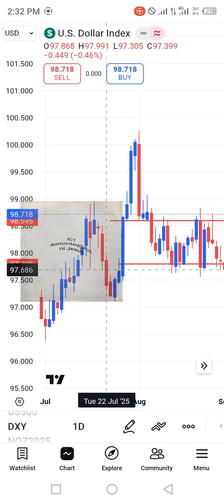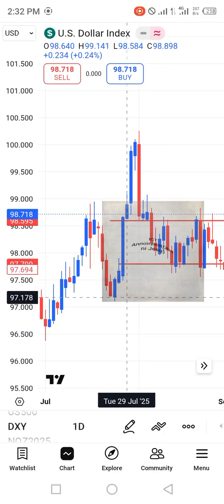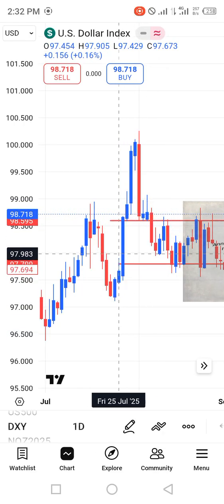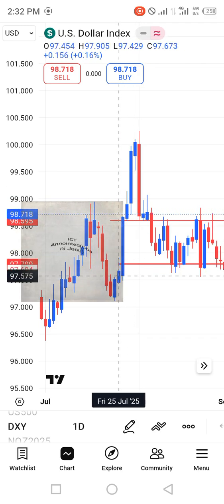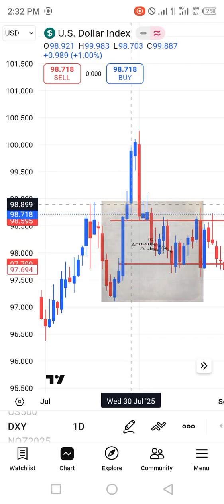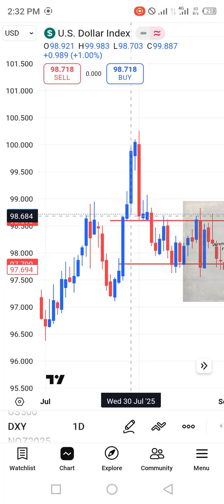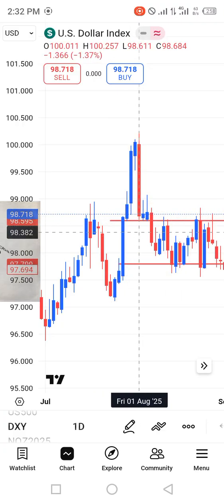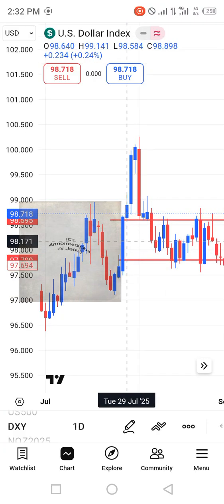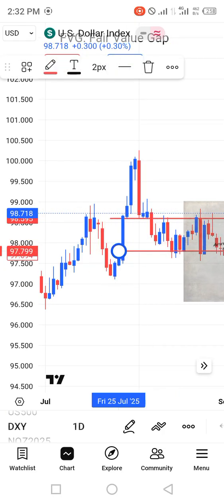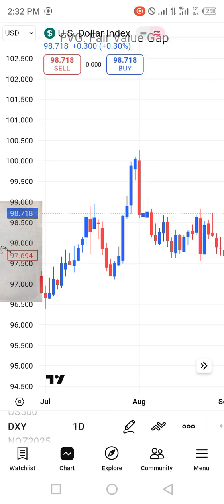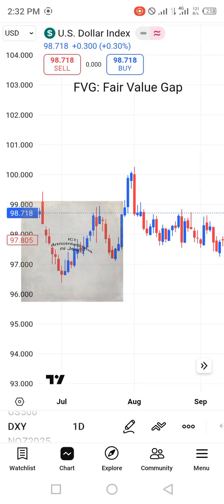So when you have a market that has one singular candle passing through a distance like this, with the first candle that started the move and the third candle where the move ended, where you have a gap like that, we refer to it as a fair value gap. But the actual question is, what actually makes it a fair value?